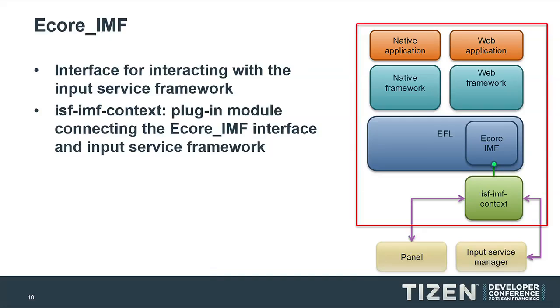But actually, eCore IMF is a set of generalized APIs for interacting with the input service framework. So the actual implementation resides within the ISF-IMF context plugin module for the eCore IMF interface. So we can regard the ISF-IMF context module as a kind of bridge module or adaptation module that connects between the application, specifically the eCore IMF, and the input service framework.